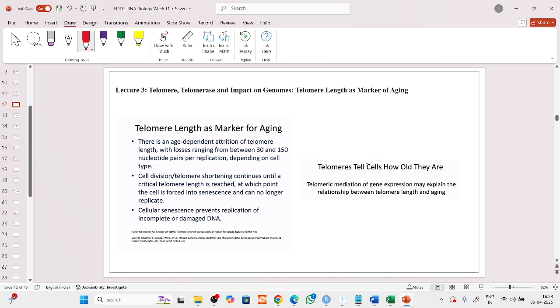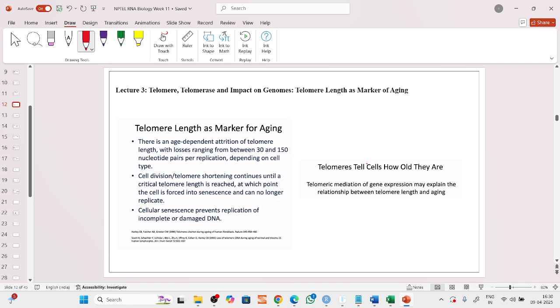There is an age-dependent attrition of telomere length with losses ranging from 30 to 150 nucleotide pairs per replication, depending on cell type. Cell division and chromosome shortening continue until a critical telomere length is reached, at which point the cell is forced into senescence and no longer replicates.